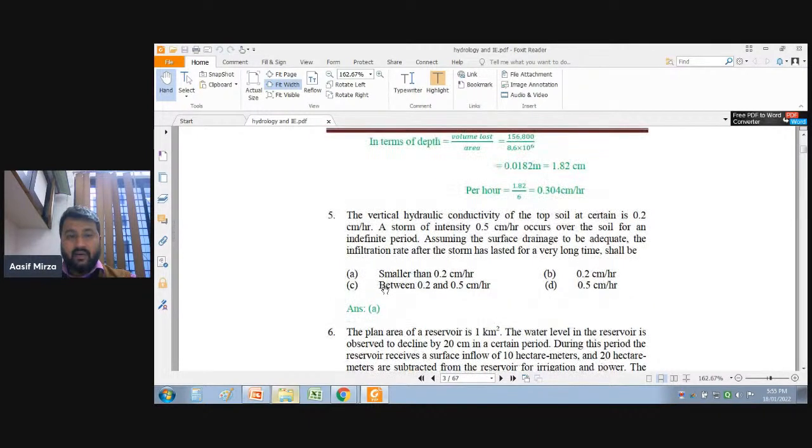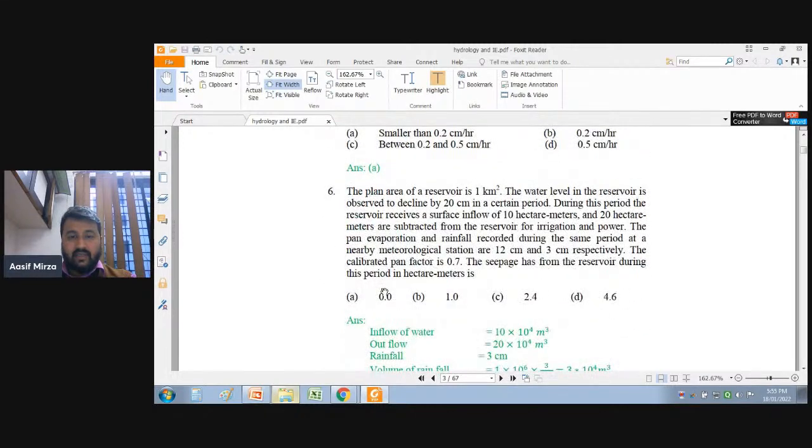Okay, now the next question asked is about the plan area of the reservoir. This question is asked regarding the catchment area. So the plan area of the reservoir is 1 kilometer square. The water level in the reservoir is observed to decline by 20 centimeter in a certain period. During this period, the reservoir receives a surface inflow of 10 hectometer and 20 hectometer are subtracted from the reservoir for irrigation and power.